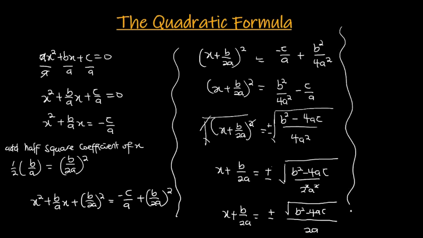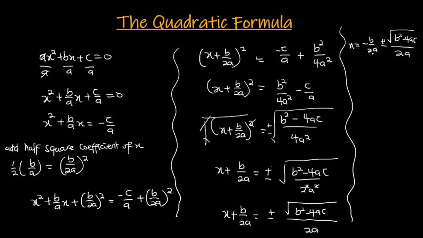Alright, so from here I can maintain my x and bring this to the other side of the equal sign. So I have x is equal to minus b on 2a plus or minus the root of b squared minus 4ac on 2a.